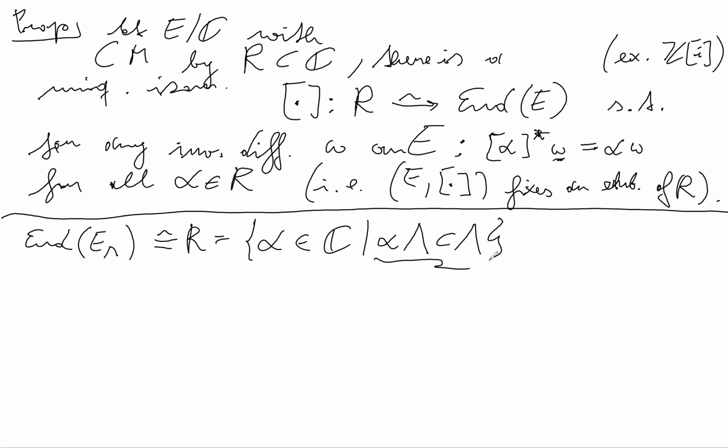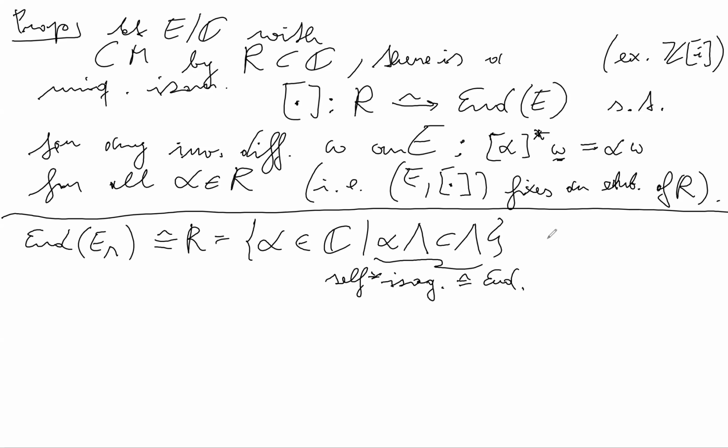This is what we call an isogeny. If lambda 1 and lambda 2 were two different lattices, we would look at all the alphas that send the lattice to a sublattice. In this case it's like a self-isogeny, and that's really what we said was an endomorphism.